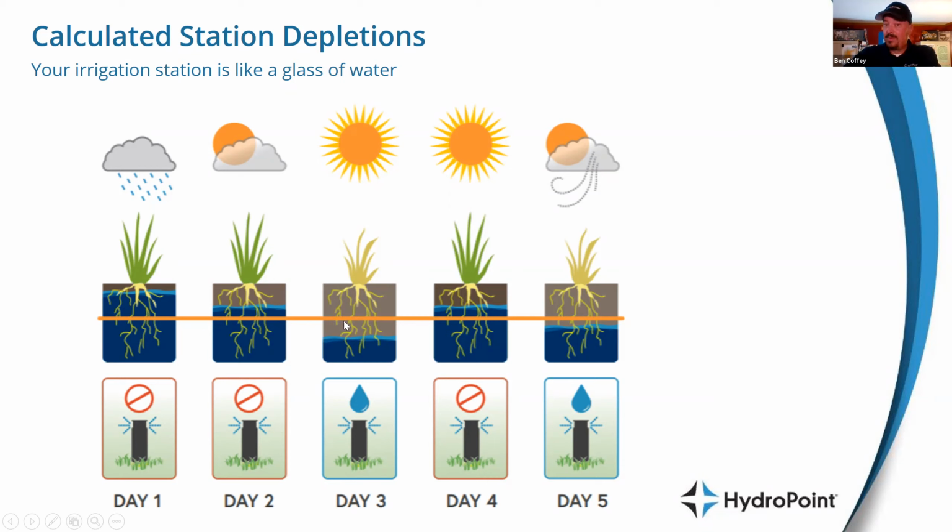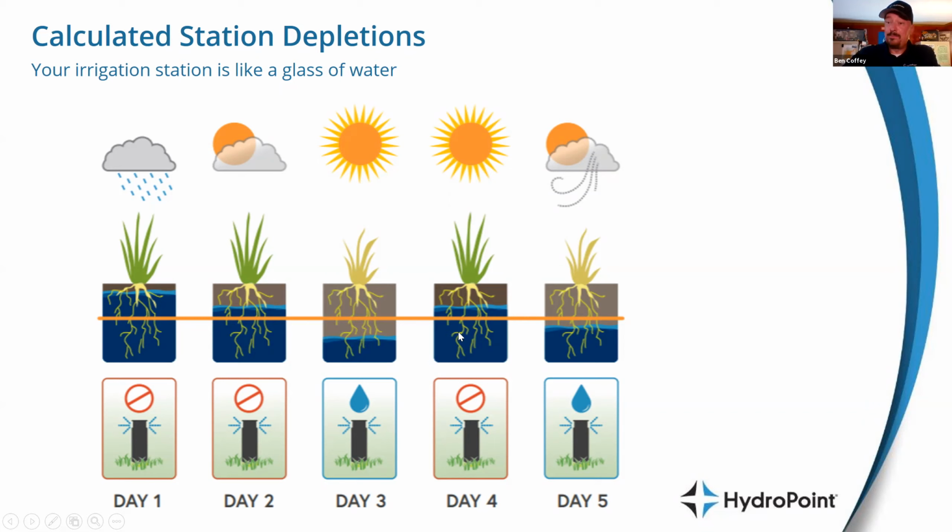At most, depletion we can allow is 50%. And so 50% is our maximum allowable depletion. When we calculate that we have crossed that 50% mark, that's when WeatherTrack will prompt irrigation and fill that glass of water back up.